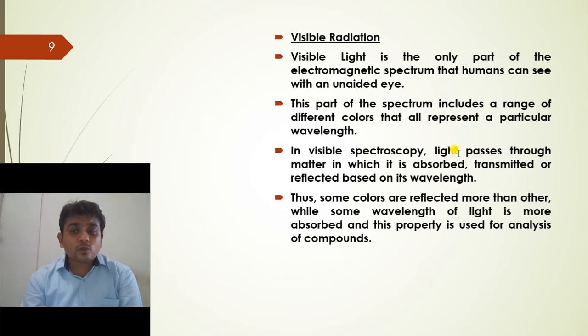In visible spectroscopy, light is allowed to pass through a particular matter, where it is either absorbed, transmitted, or reflected on the basis of its wavelength and the type of the sample which is present. So this visible radiation is very important in analyzing most of the colored compounds. Colored compounds can be analyzed by visible spectroscopy. Even some kinds of derivatization techniques also need visible spectroscopy as an important analytical tool that can be used in regular laboratory studies.